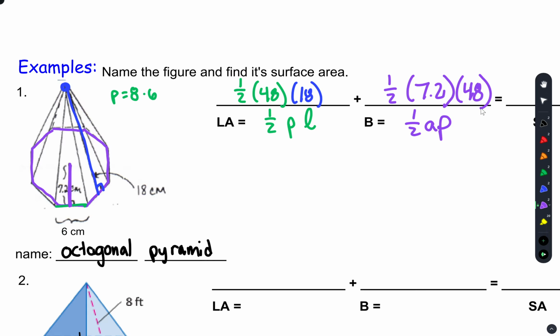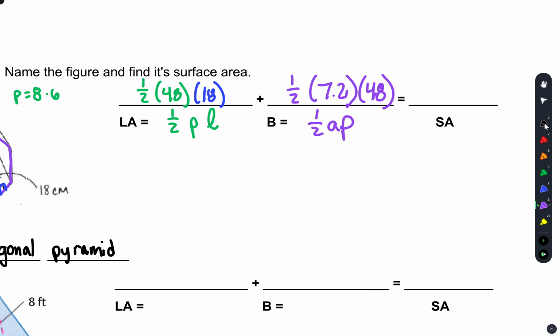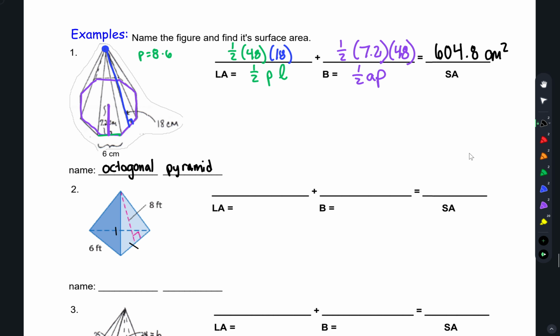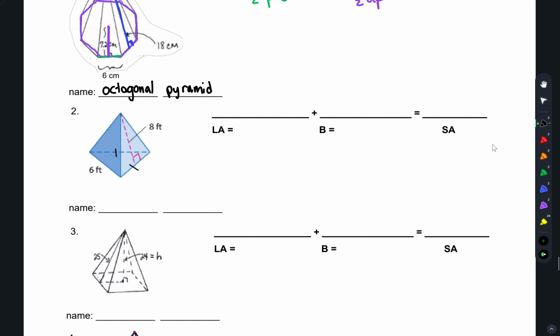Just plug it into your calculator. I'm going to end up with, in my calculator, 604.8. I want to make sure I add a unit on there, so centimeters squared. Questions on that? Okay.